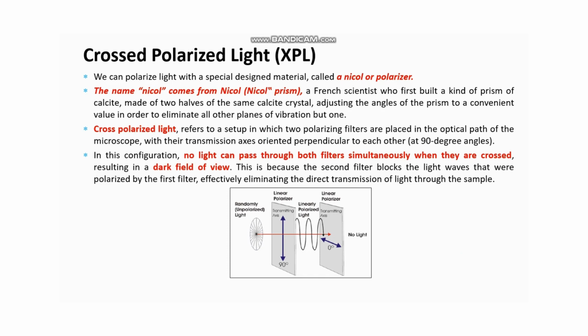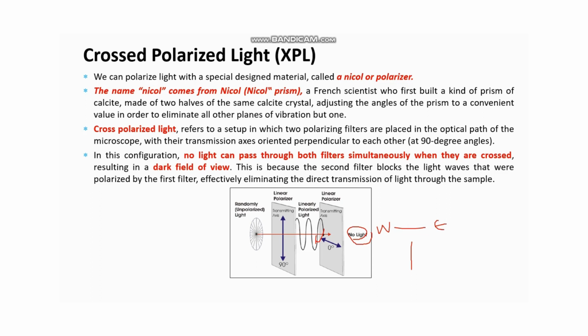Because we placed this in the west-east direction, it means that because the light was moving perpendicular, it won't be able to pass through the second polarizer, or the upper nicol. So no light will be able to pass through, which is why for cross-polarized light, you'll only see dark. The mineral will appear dark.